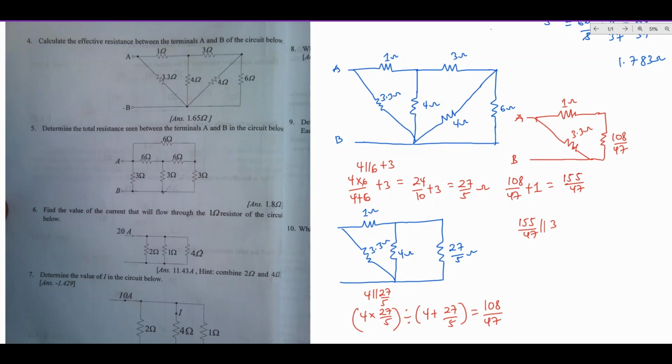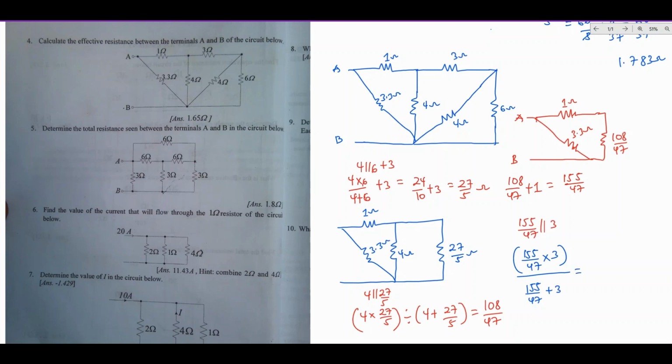So let's do the calculation. We are going to have 155 on 47 times 3.3, 3.3, not 3, all this divided by 155 on 47 plus 3.3. This is what you have.